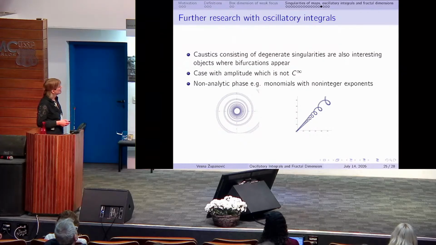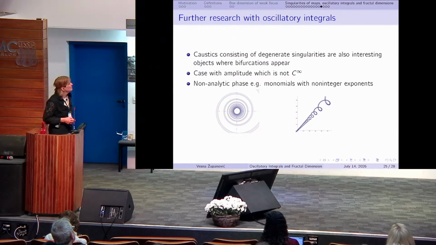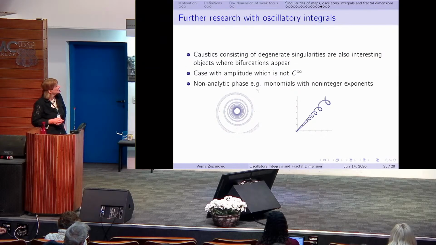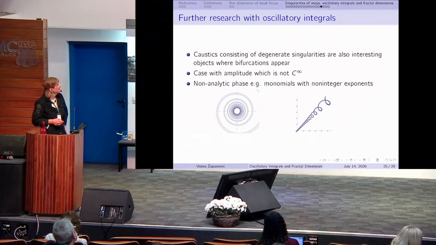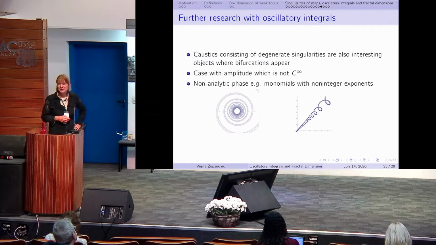And also, we are basically from dynamical systems, and we would like to relate these results with bifurcations and so on, but we haven't done it up to now. And also interesting cases are something like this, which I mentioned in the beginning.